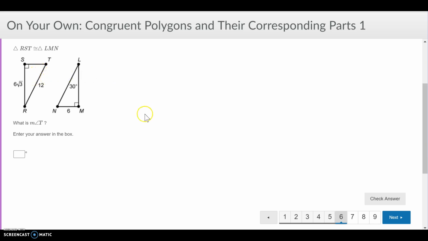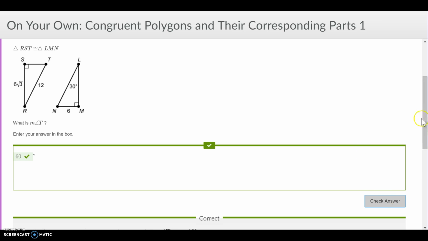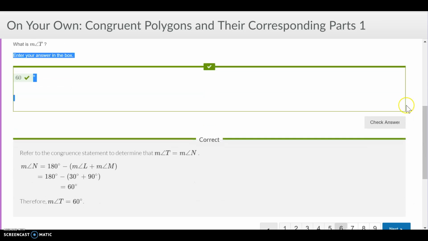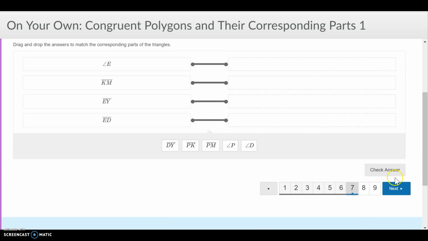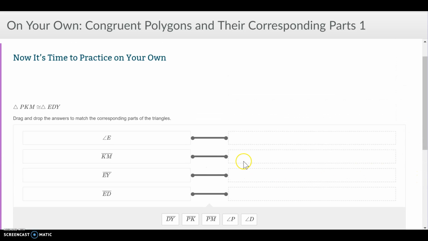So we can put in 180 minus the 90 that we know about, minus 30 that we know about, and we get 60. I know I didn't draw it out, but let's see if we got it right. And there's the explanation, all written out so well.